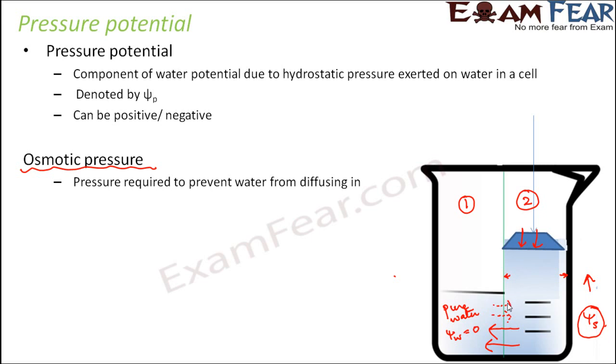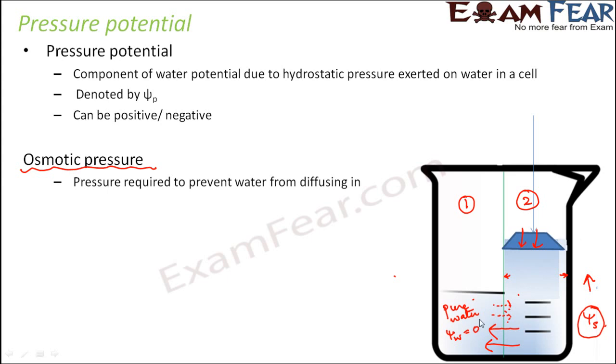If you keep applying more pressure, you will see that water started moving from 2 to 1, so it actually started going out. The minimum pressure which is required to stop water from coming in from 1 to 2 is called osmotic pressure. If you increase the pressure even beyond osmotic pressure, then the water potential will increase here and water will start moving into this side.